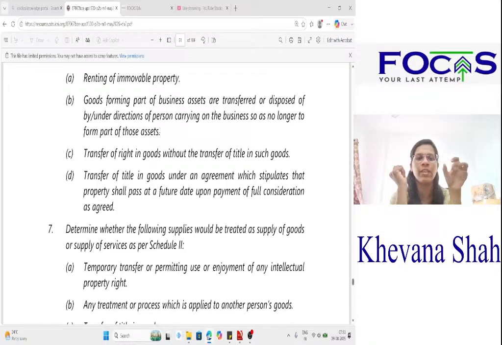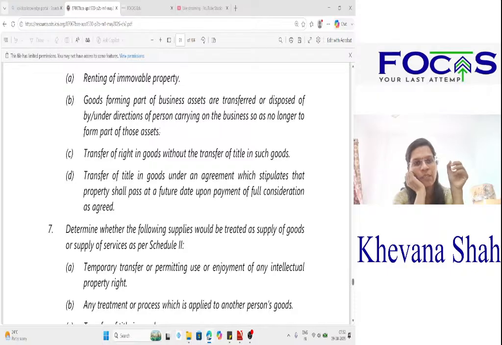The next we have is transfer of right in goods without transfer of title. We have seen yesterday that if you are transferring any rights in goods without transferring the title, then that amounts to supply of services. If you are transferring the title in goods, then that will constitute supply of goods.